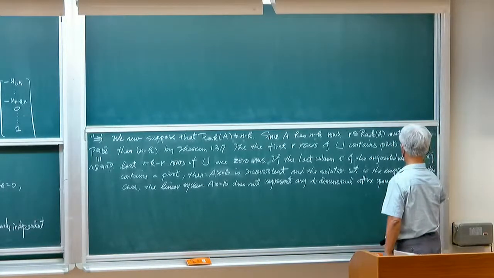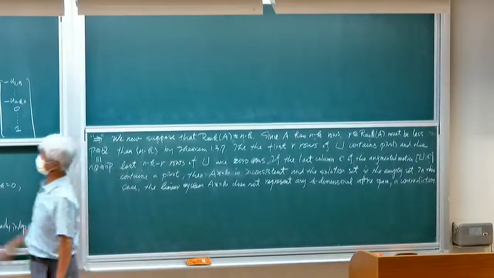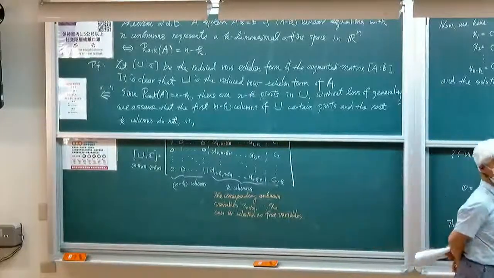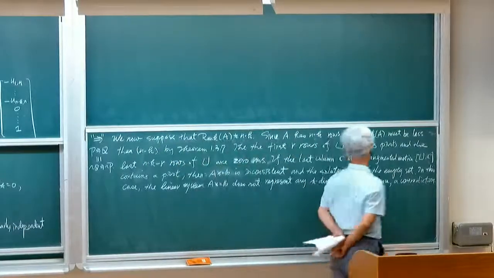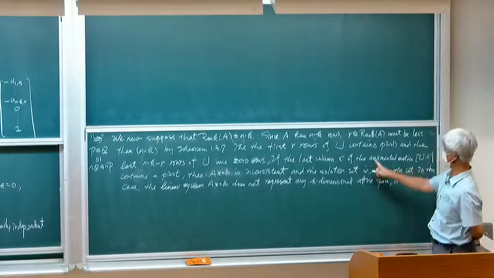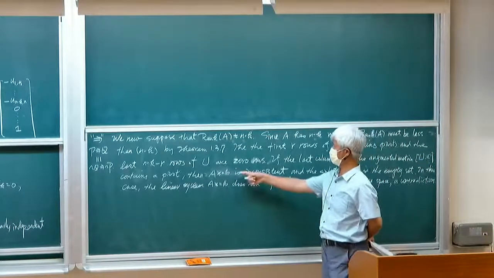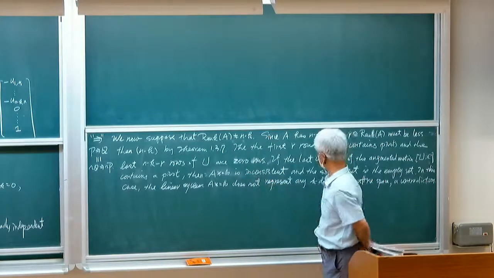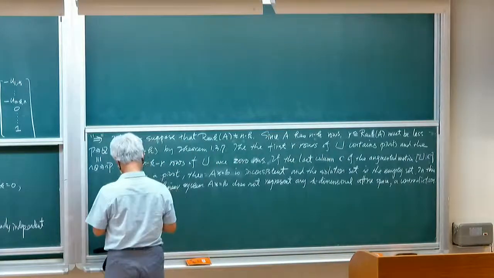A contradiction, because we assumed that the linear system represents a k-dimensional affine space. So if the last column of the augmented matrix contains a pivot, then the linear system is inconsistent, and of course it cannot represent any k-dimensional affine space.